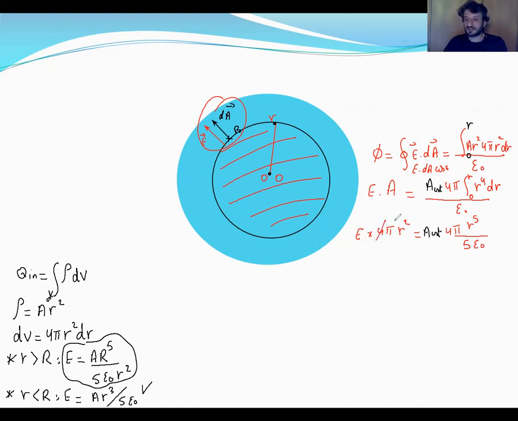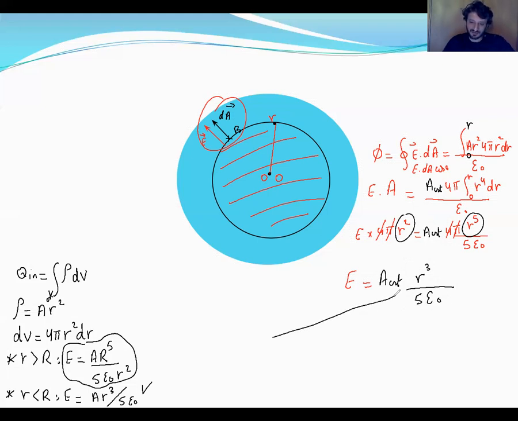We can cancel 4 pi and we get finally E equals the constant a times, we can cancel r squared and r^5, we get finally r^3 divided by 5 epsilon 0. Okay, we get the same answer.